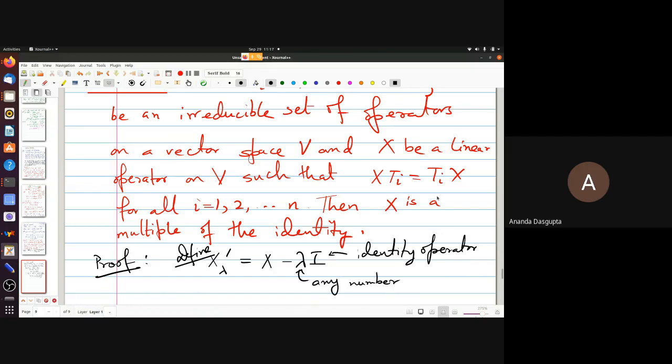That's trivial, right? When I say 0, I mean the 0 map, the null map. Then why didn't I say x is a multiple of the identity or 0? Well, you can take the constant that you're multiplying with the identity to be 0. So the null map is also a multiple of the identity, and I don't have to say that separately.